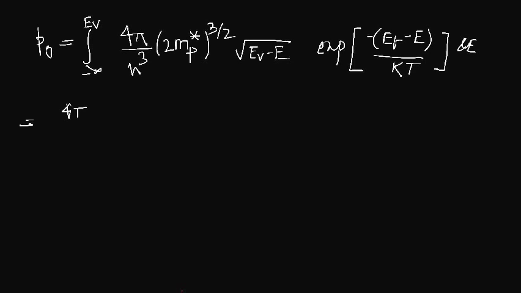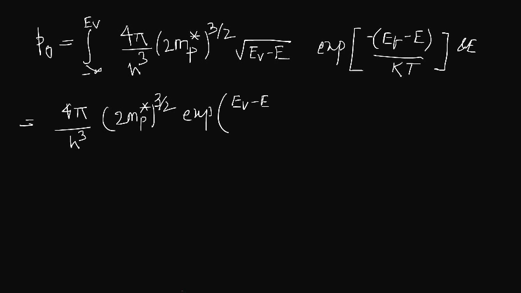Take the constant terms 4 pi by h cube and twice of mp star to the power 3 by 2 out, and then exponential of EV minus EF divided by KT, the same way that we did for finding N0. This exponential term here we are breaking.